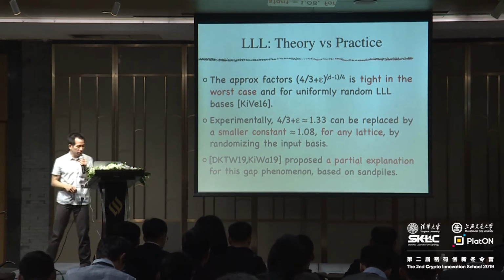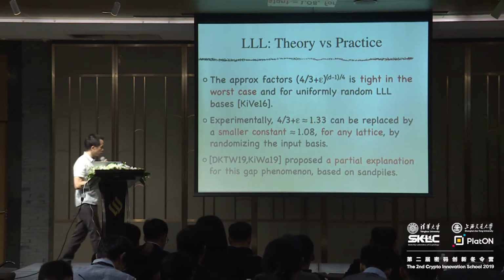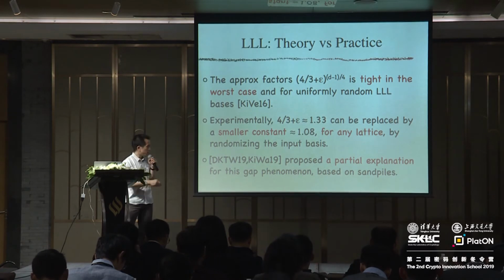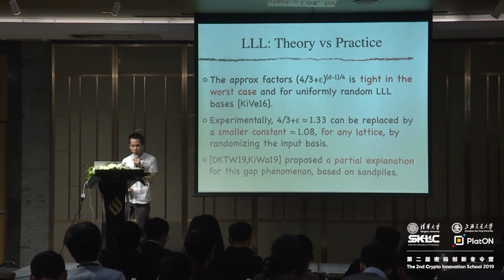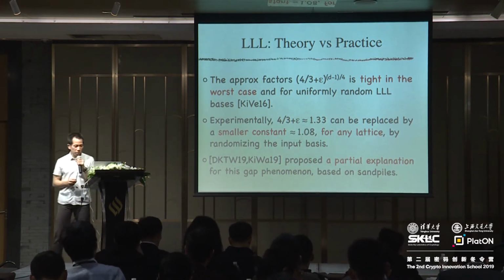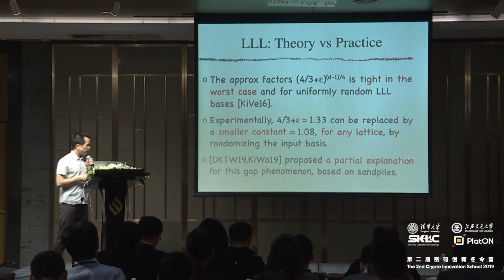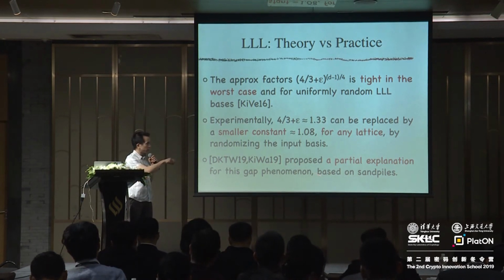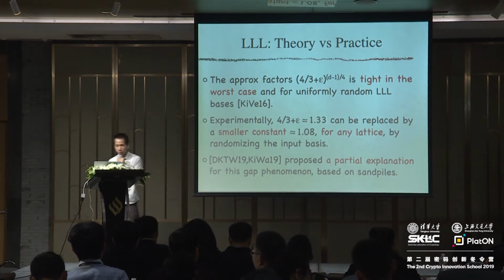Very recently, Kim and other people proposed an explanation of this phenomenon using sandpiles. They do it for a variant of LLL, and they show that under some model, we can explain this gap phenomenon. Why is the constant smaller than for the worst case?